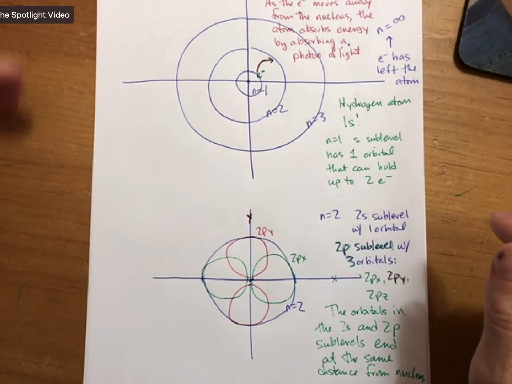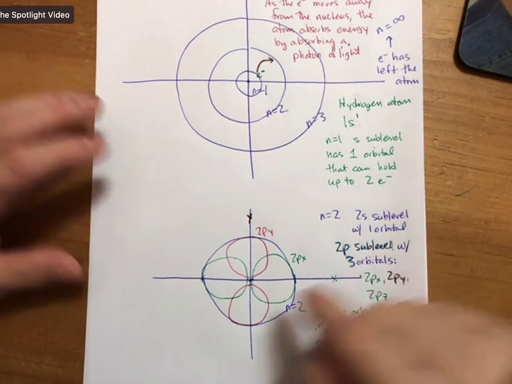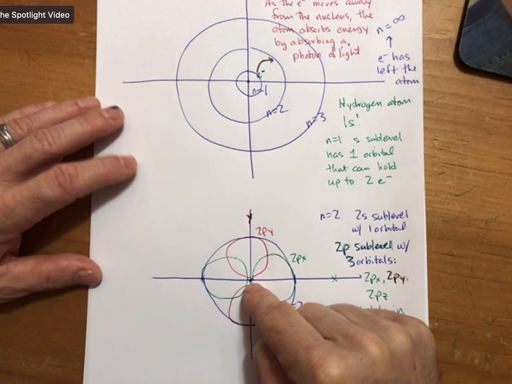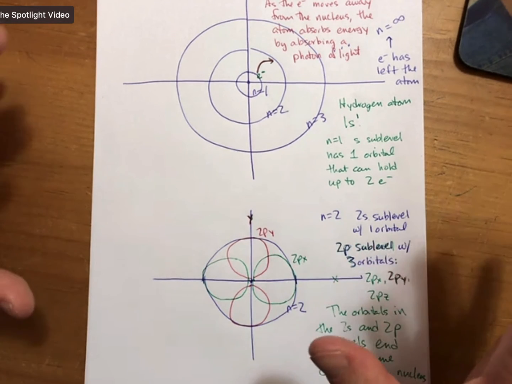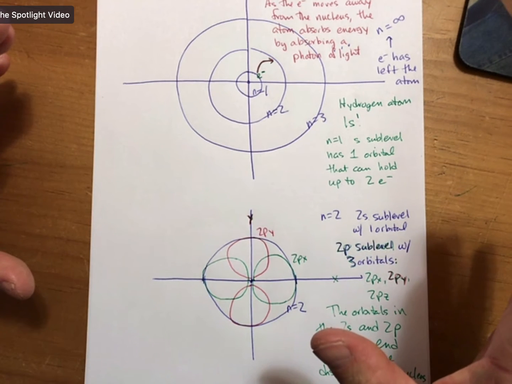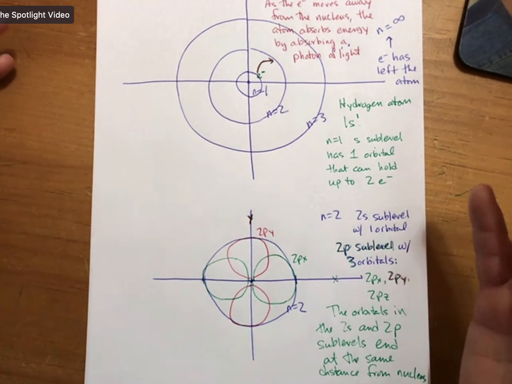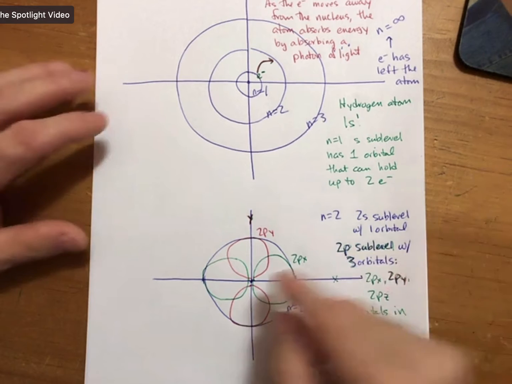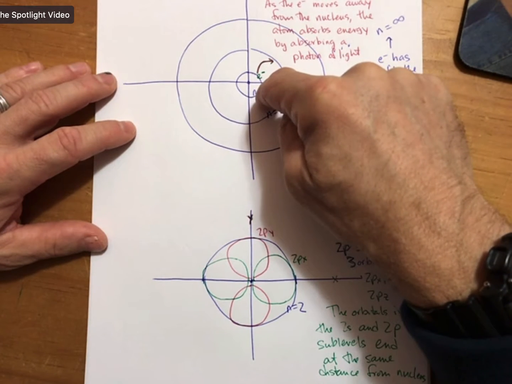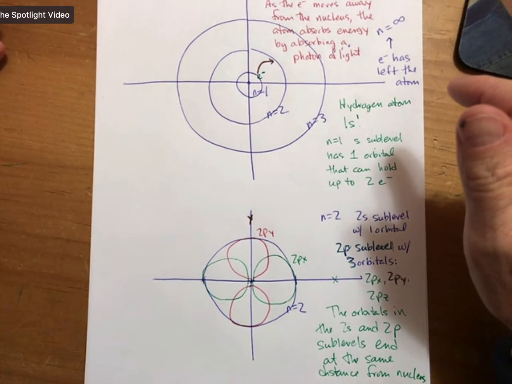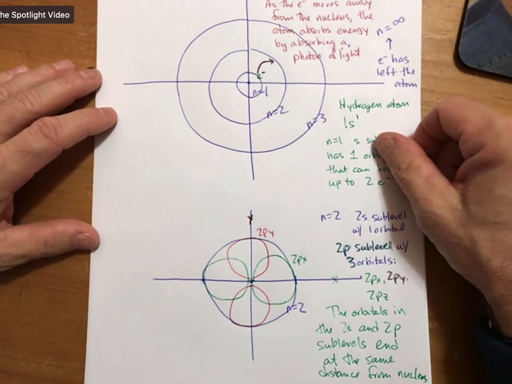Because of course, the electrons being negative are attracted to the nucleus, which is positive. And so the electrons want to be as close as possible to the nucleus, except that electrons are also repelled by the other electrons, so they can't all be as close to the nucleus as possible.